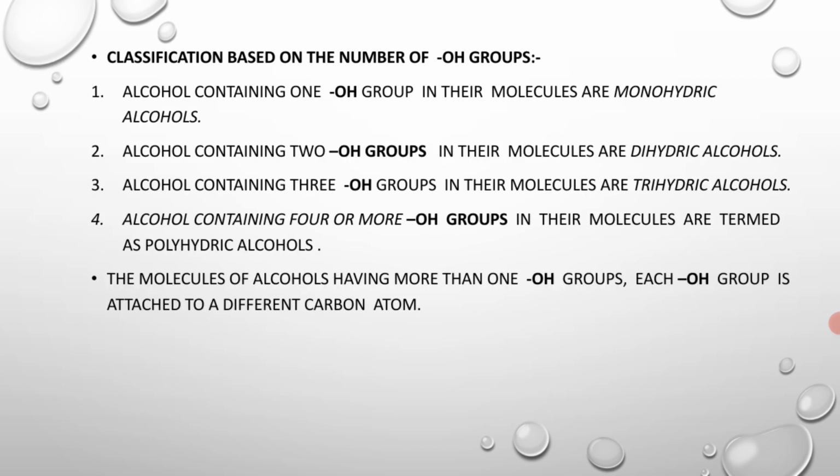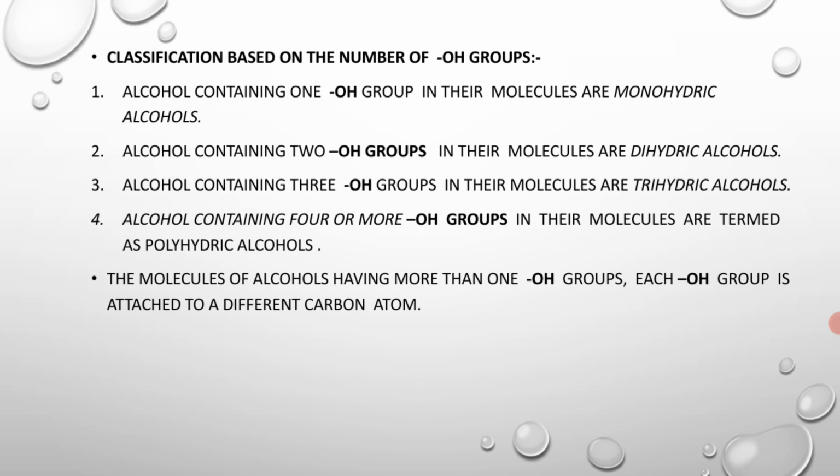Classification on the basis of the number of hydroxyl groups present in the molecules. As we know, alcohols containing one hydroxyl group in their molecules are monohydric alcohols. Mono means one and hydric means hydroxyl group. Alcohols containing two hydroxyl groups are dihydric alcohols, where di means two.